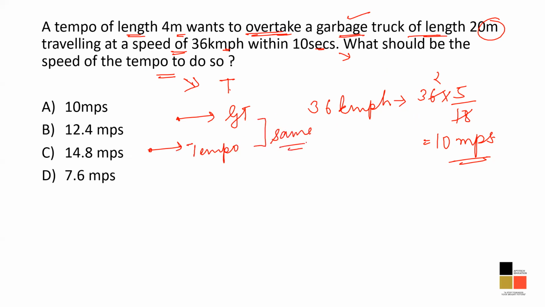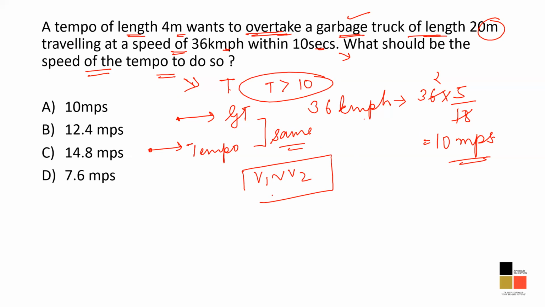Whenever two objects move in the same direction, your speed is always V1 minus V2, that is, whichever is greater, you subtract the smaller from it. Since the tempo is going to overtake, T is going to be greater than the speed of the truck, that is 10 meters per second. So my relative speed becomes T minus 10, in meters per second. The concept of relative speed comes into play.